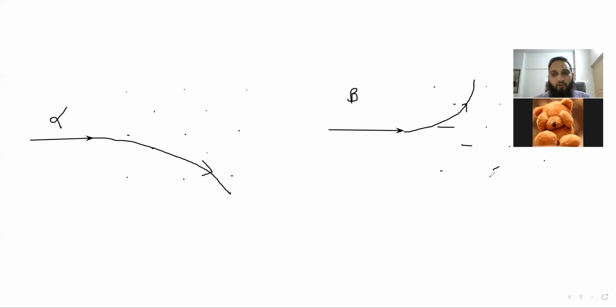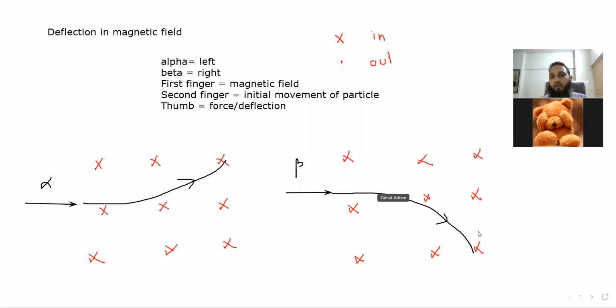And there's also a simple way. You can just remember, if the magnetic field is the same, if the alpha particle is going down, the beta particle will move up. And opposite, if the alpha particle was going up, the beta particle will go down.